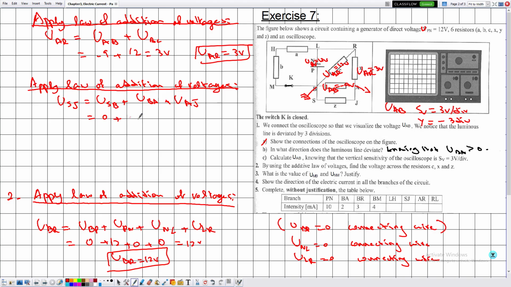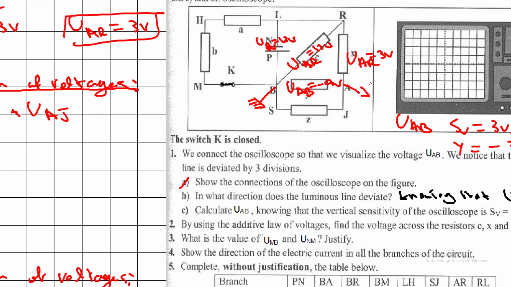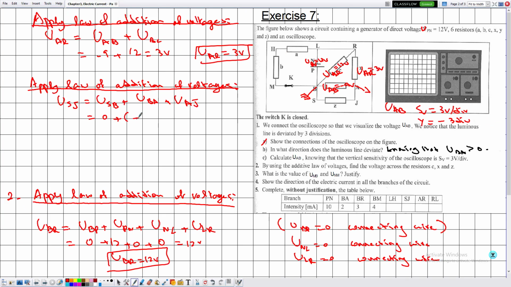So this is 0 plus, sorry, if UAB is minus 9, then UBA is plus 9. And this is 0. Let me justify between brackets that USB is equal to 0 and UAJ is equal to 0. The reason is given by connecting wires.